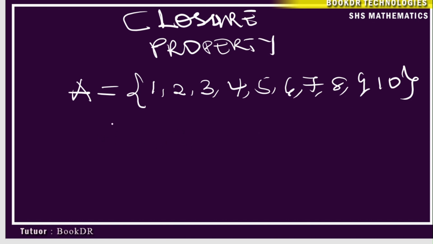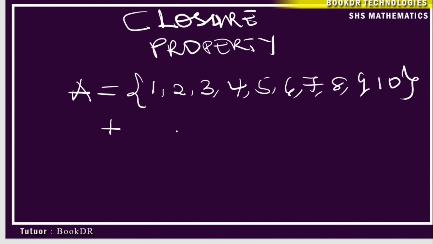Let's test addition. If we pick any two numbers and operate them under addition, and the results can be found in this set, we say that this set A is closed under addition.